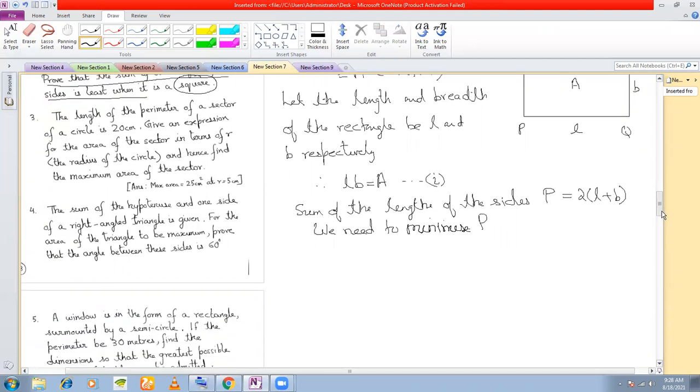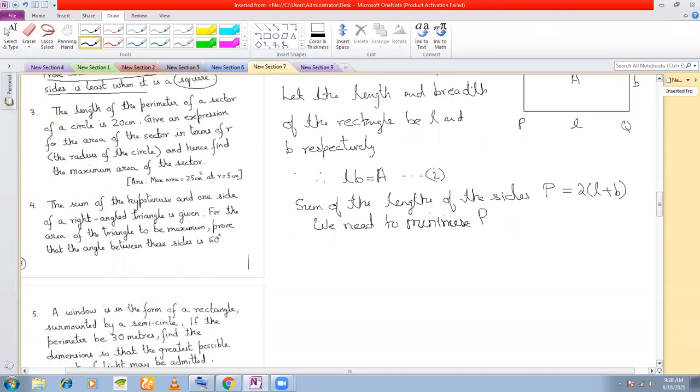But P has two variables, L and B, because we have defined them. L and B are both variables. Now we need to minimize P, but P has two variables, L and B. So we bring it down to one variable. How do we bring it down? We use 1.